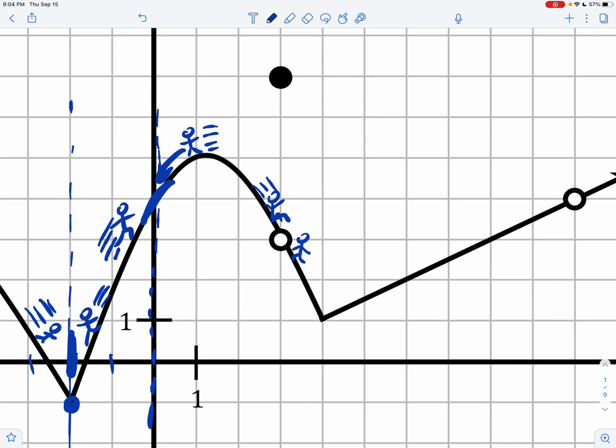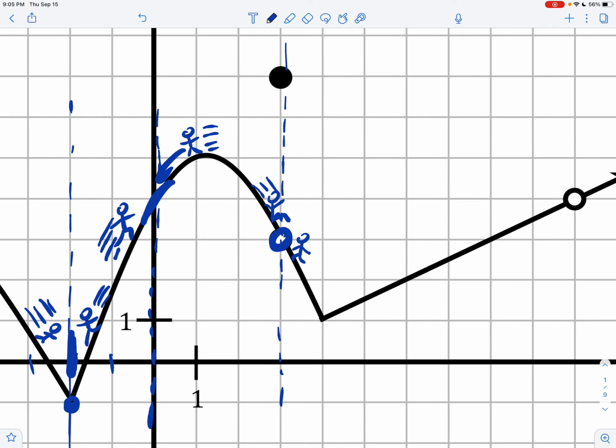But what is f of 3? Well, if we look along this dotted line representing an x value of 3, again we have a hole here. So f of 3 is not along that curve, but there is a solid dot up top. That is what represents f of x at that value.